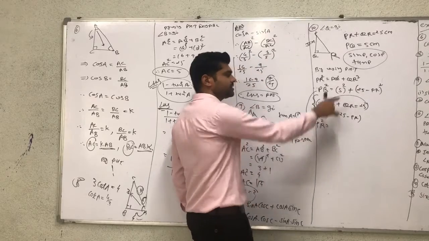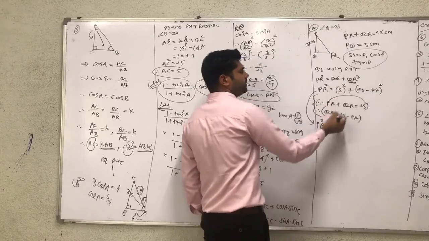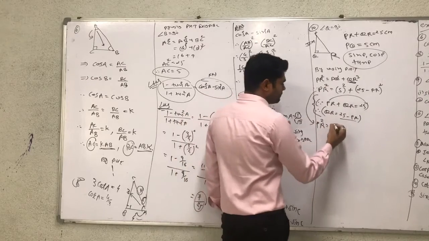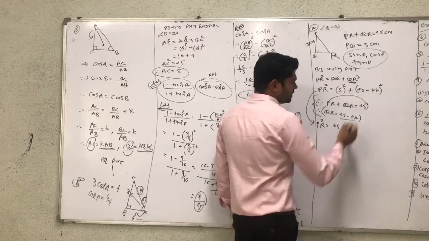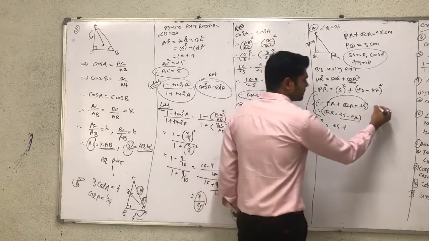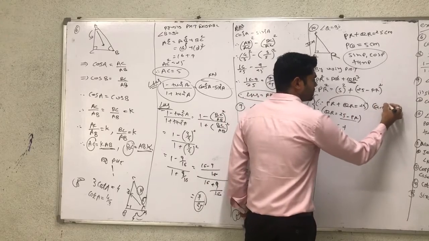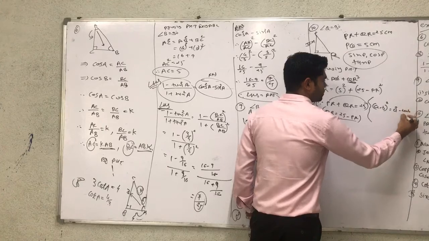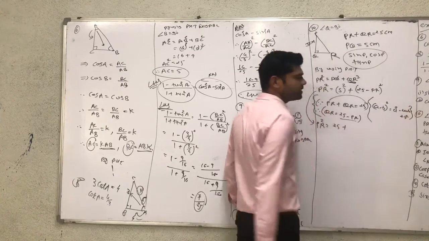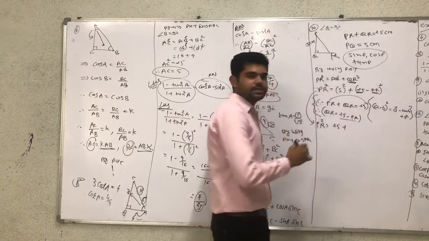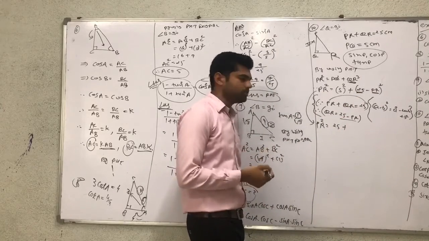Using this equation, we put QR equal to 25 minus PR. A minus B whole square is equal to A square minus 2AB plus B square. Here A is equal to 25, B is equal to PR, and in between is minus.